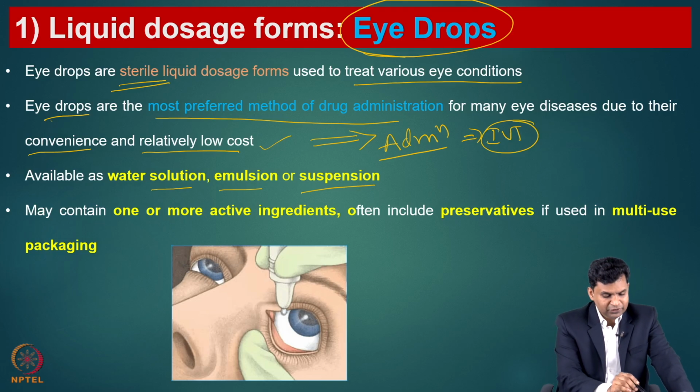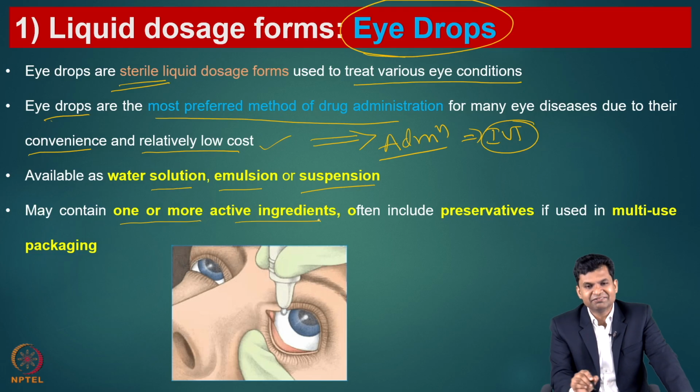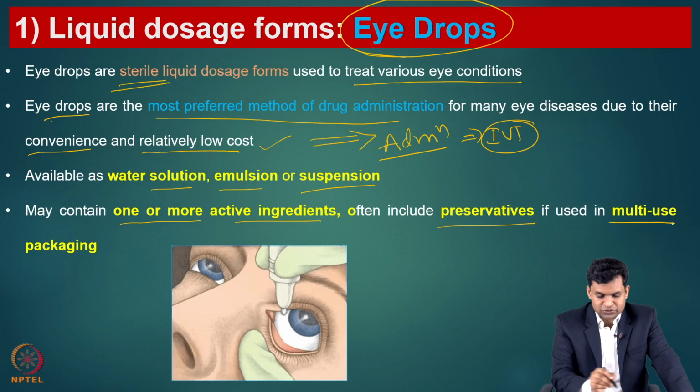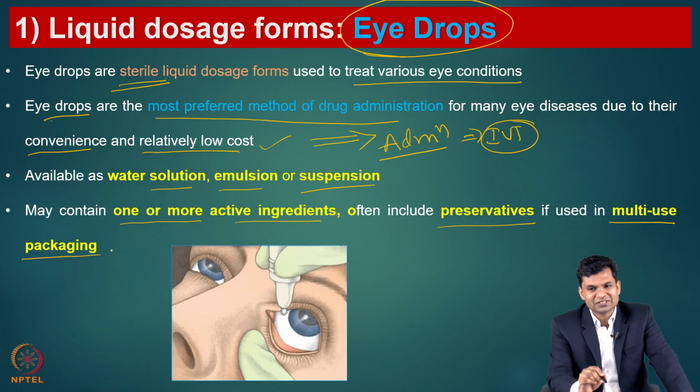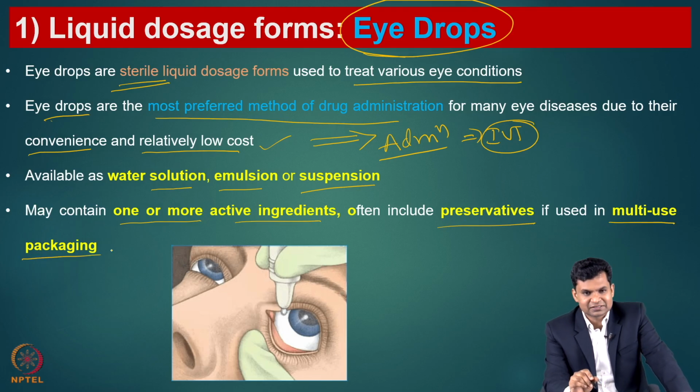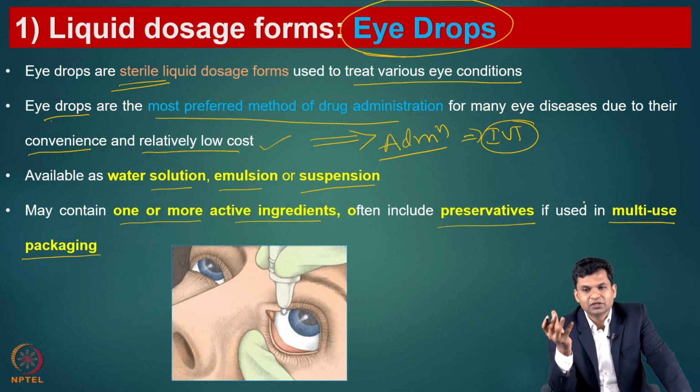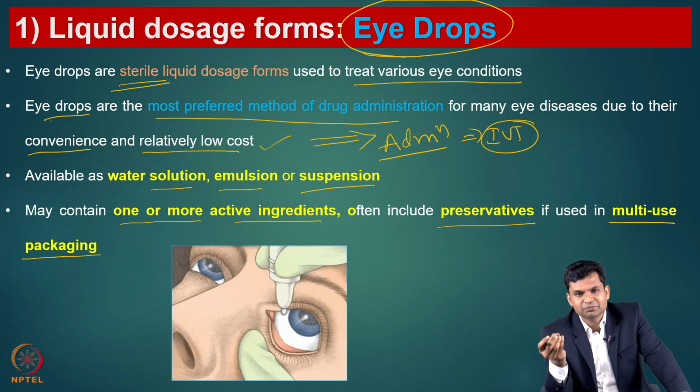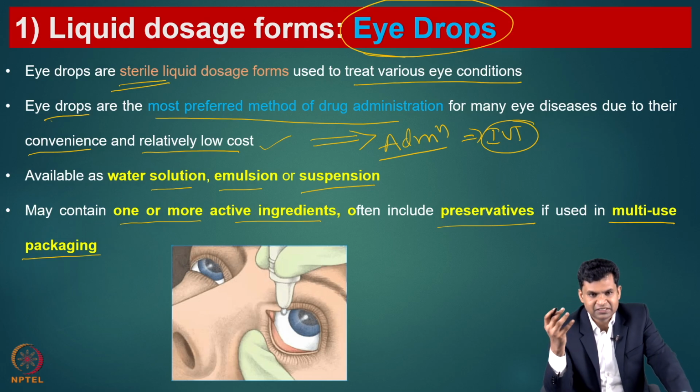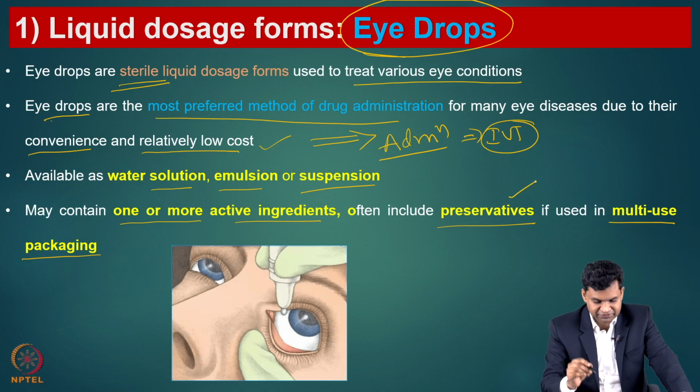Now coming to this, it may contain one or more active ingredients, and often includes preservatives if used in multi-use containers. So here, if you have a formulation which comes in multiple doses, in such cases we add preservatives.